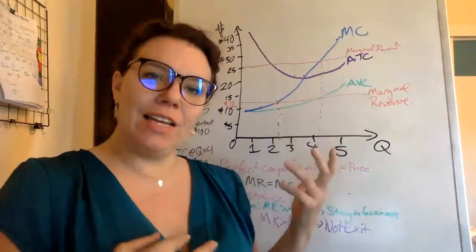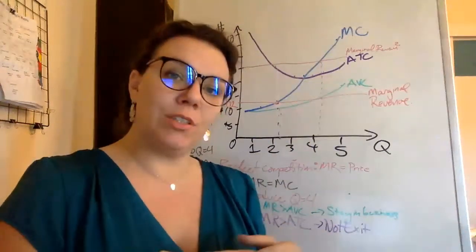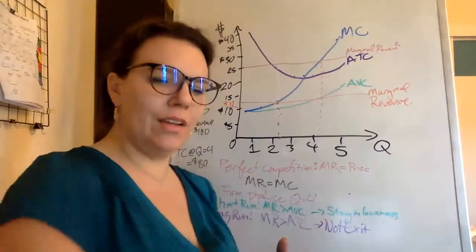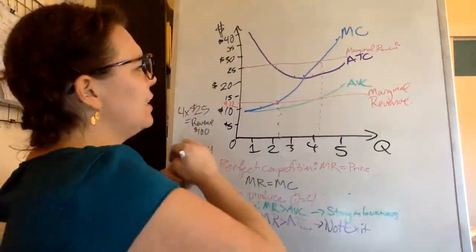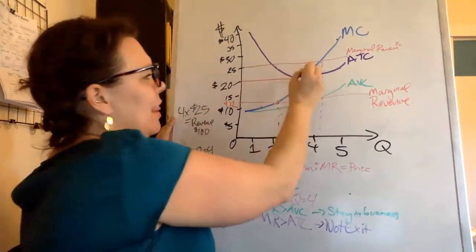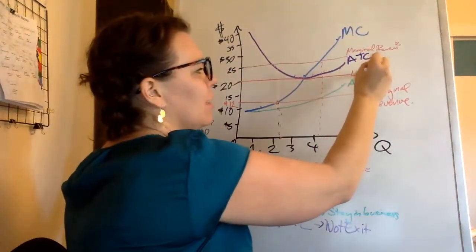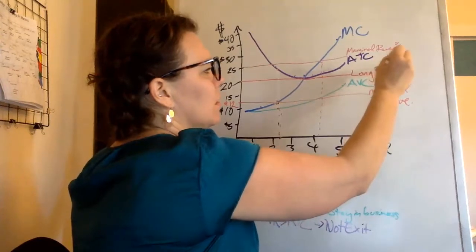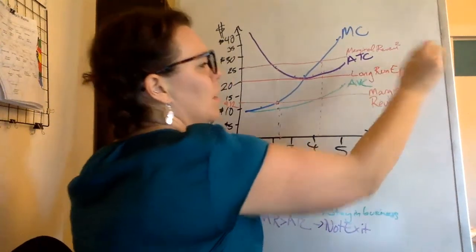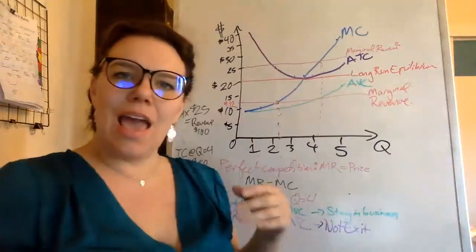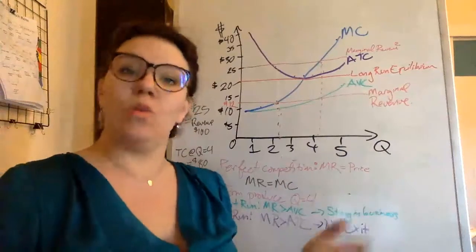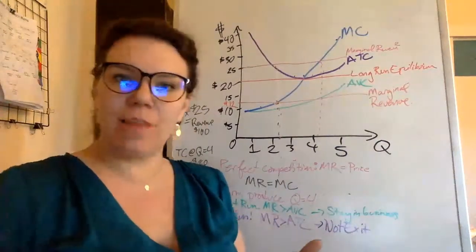So what we're going to find at the end of this chapter is that markets are going to be in equilibrium when price is equal to average total cost and marginal cost. That's the long run equilibrium. And that's because if prices are too high, firms are going to say, holy smokes, that's amazing, I should enter that market, right?